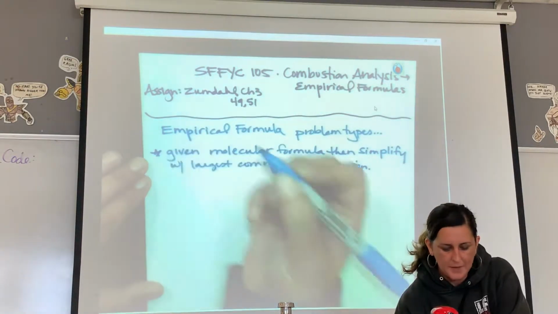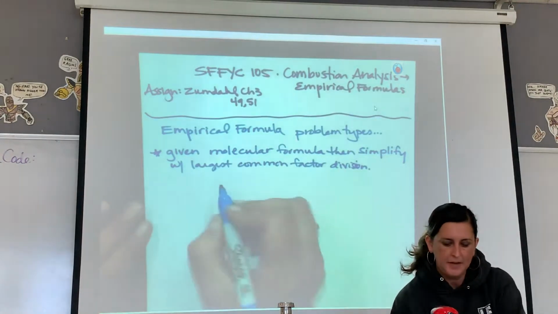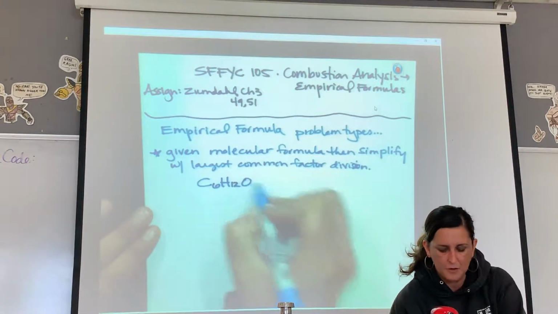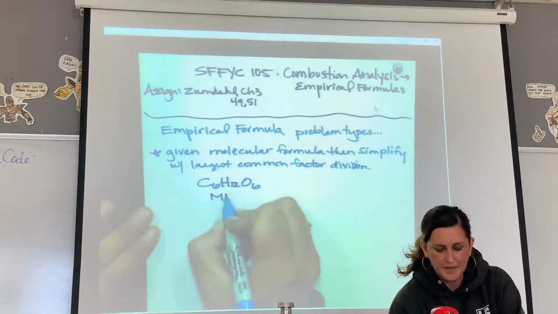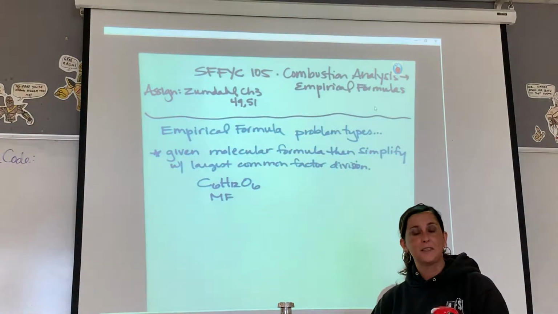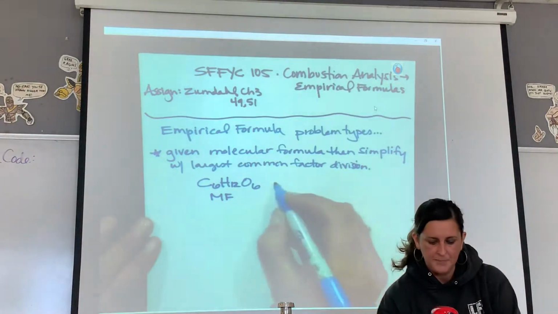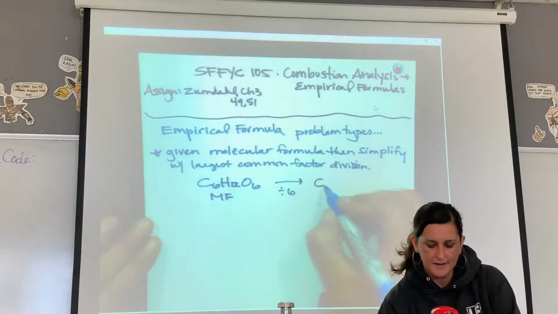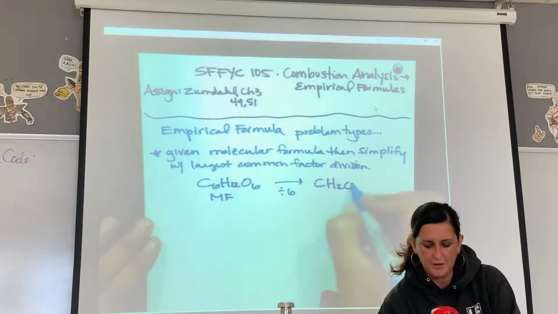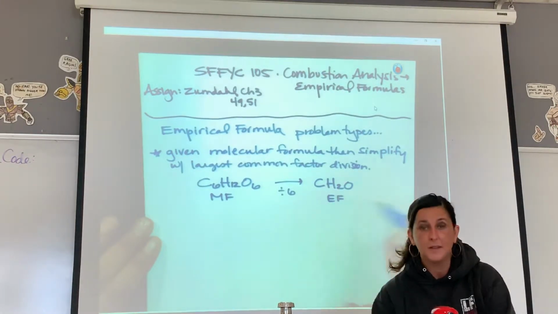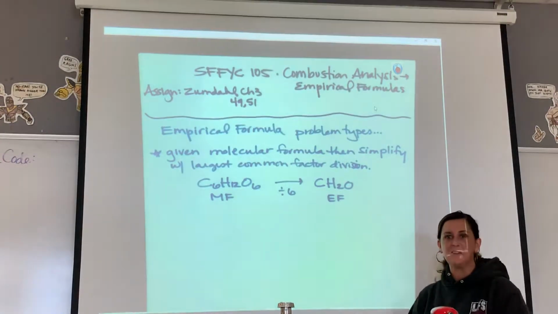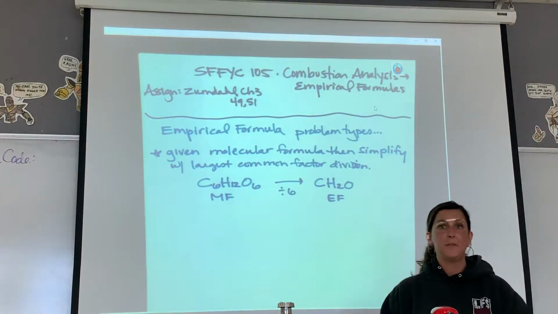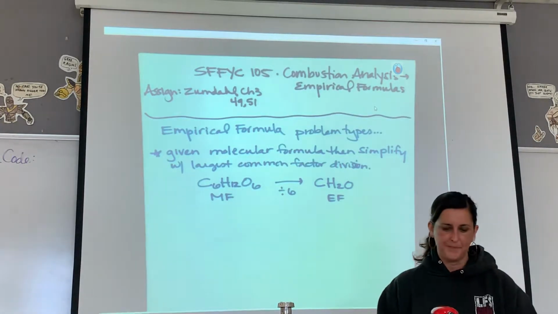As an example, if you're given a formula like C6H12O6, the molecular formula, and you're asked for the empirical formula, you can divide by 6, and you would get CH2O as your empirical formula. Those are nice, easy ones where you just have to divide by the largest common factor.